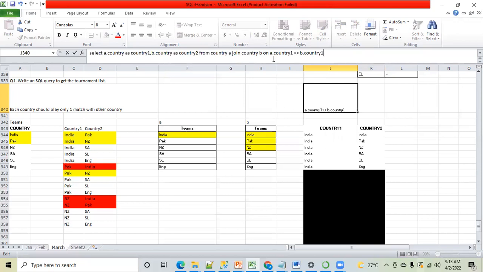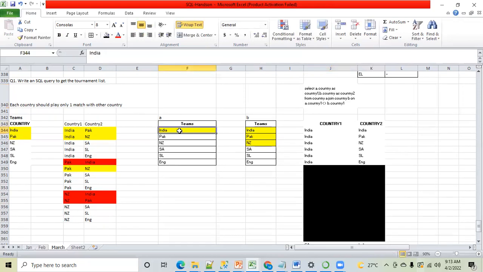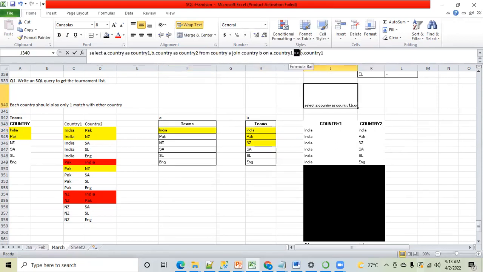Okay, is this clear to everyone? Because you want that the same country should not face itself. That doesn't make any sense. So you told that A dot country 1 is not equal to B dot country 1. So you are saying that when you are taking a particular record from this table, don't match it with the same record of the other table. That is what we have mentioned here, not equal to.